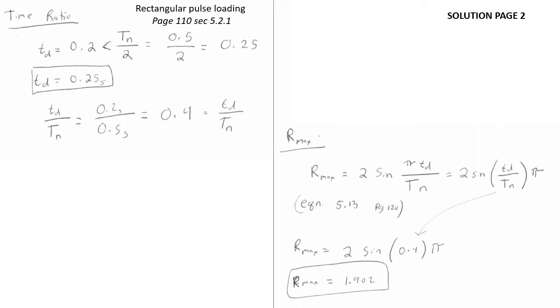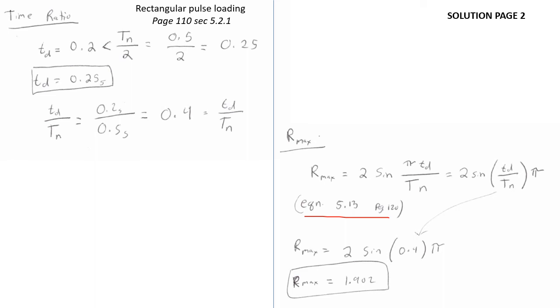Now with this value, we can go down to our R max equation, which comes from equation 5.13 on page 120 of our textbook. R max is equal to 2 times the sine of pi times TD over TN. Rearranged for our time ratio, it is 2 times the sine of TD over TN times pi.